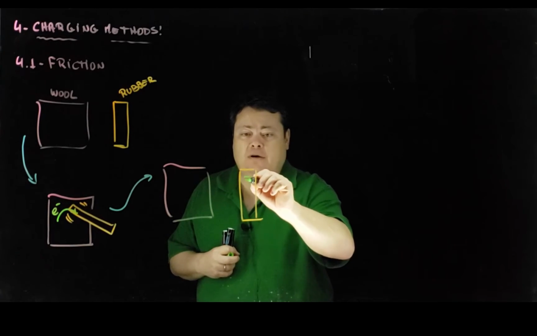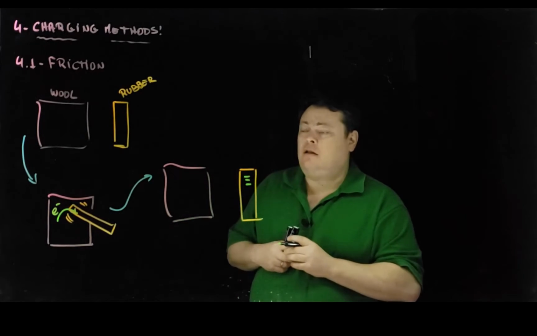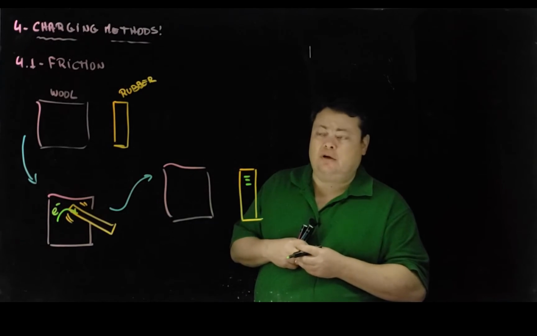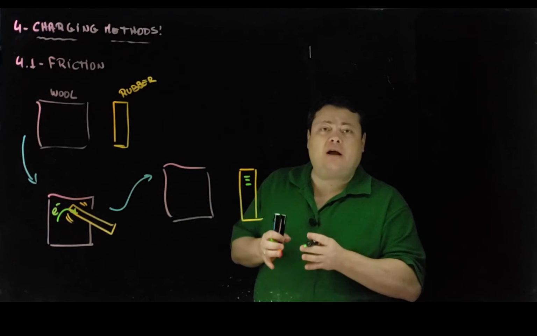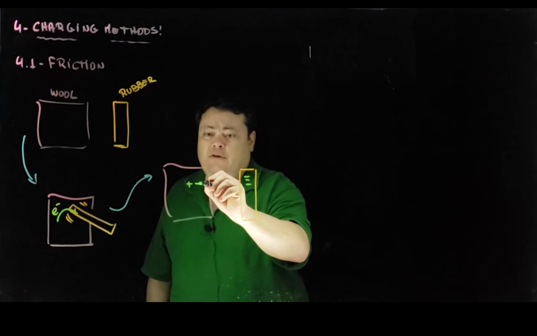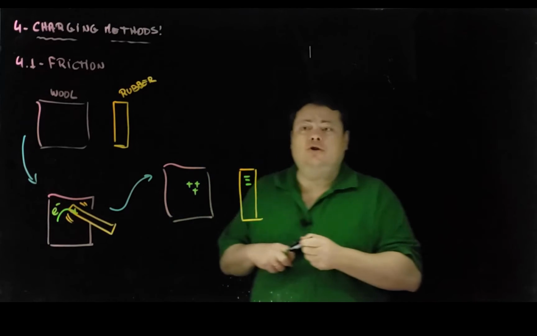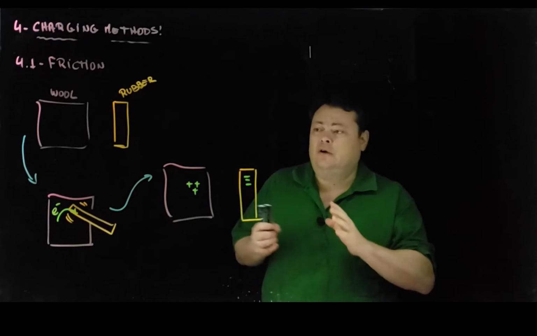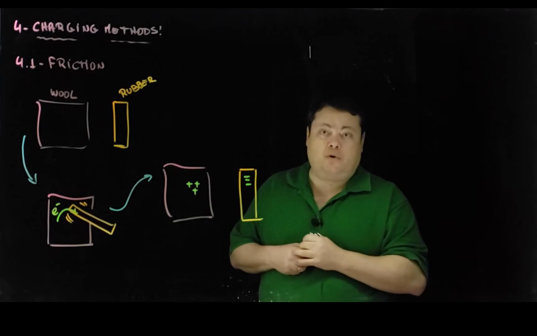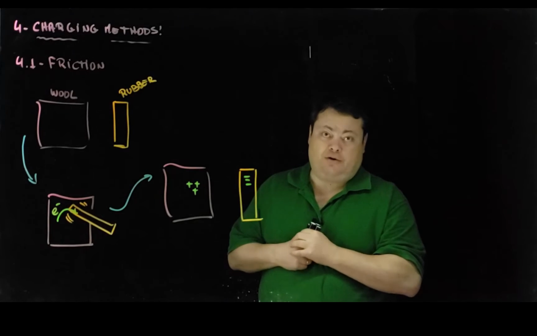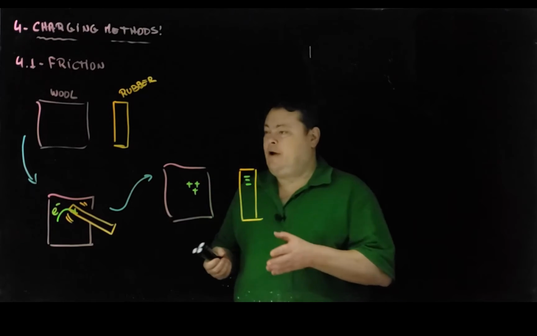So it's going to be negatively charged. And the wool has lost electrons to the rubber, so it's going to have fewer electrons than protons, and therefore it's going to be positively charged. Notice that this charge will stay concentrated in the regions where they were touching, where they were rubbing. It does not spread all around because these are insulators. Any questions?